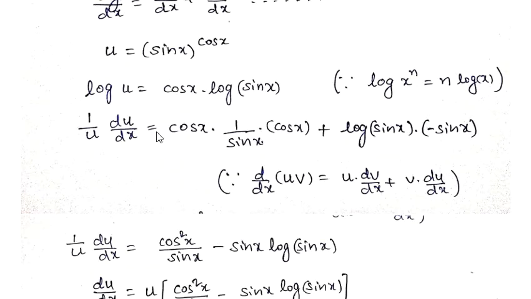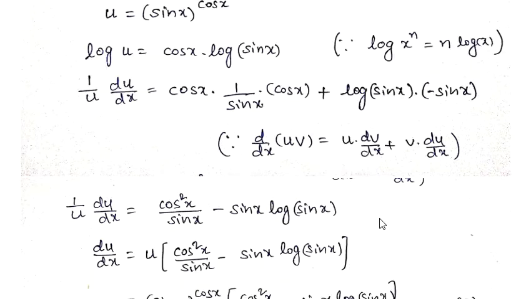So when you simplify this line here, 1 by u and the left hand side is as it is. This is cos x into cos x, cos square x by sin x, and plus into minus is minus, sin x into log sin x.